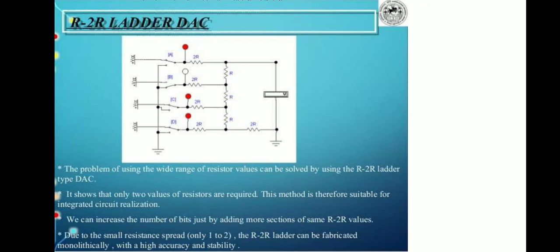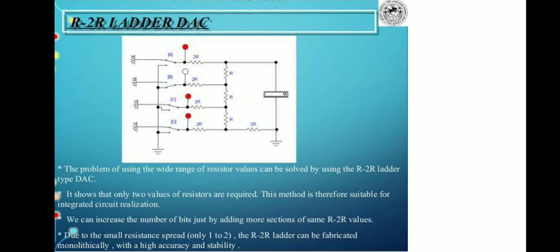Then the R2R ladder DAC. In the R2R ladder DAC, only two value resistors are used. One is R and another is 2R. So we can design a large bit R2R ladder DAC network. The problem of using a wide range of resistor values can be solved using the R2R ladder DAC.